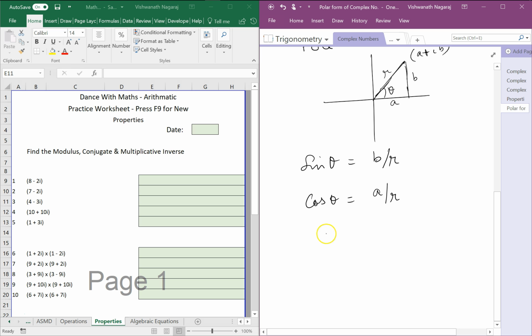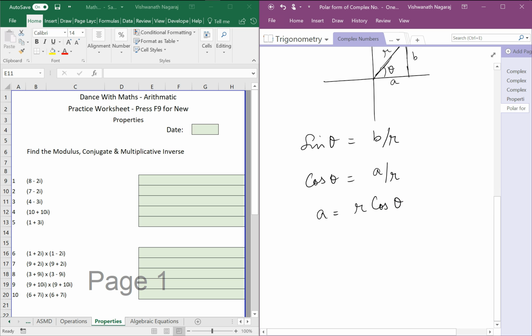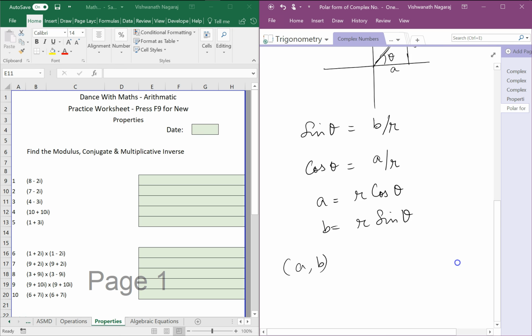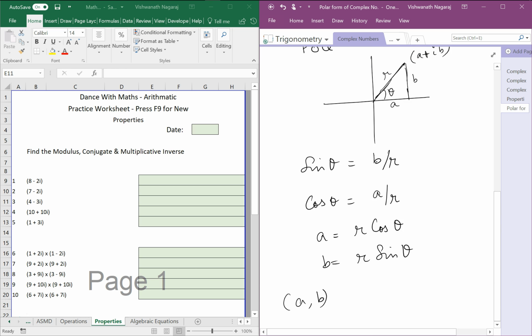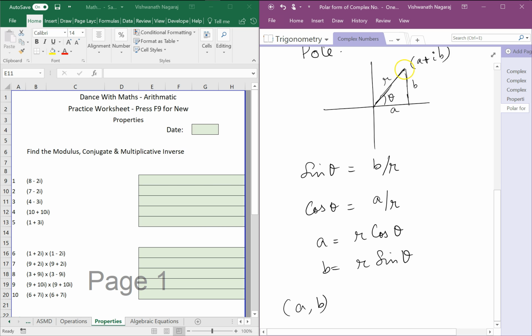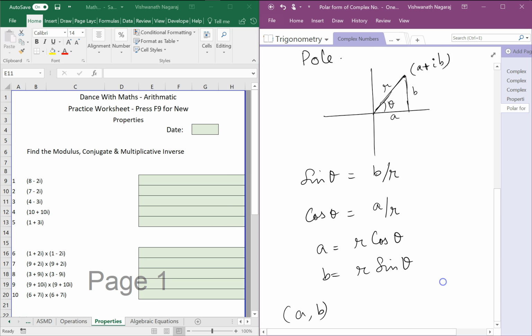That means we can say a is equal to r cos theta, b is equal to r sin theta. Remember our coordinate system is a comma b of the complex plane. So this particular point is a comma b. So we should actually write it as a comma b.